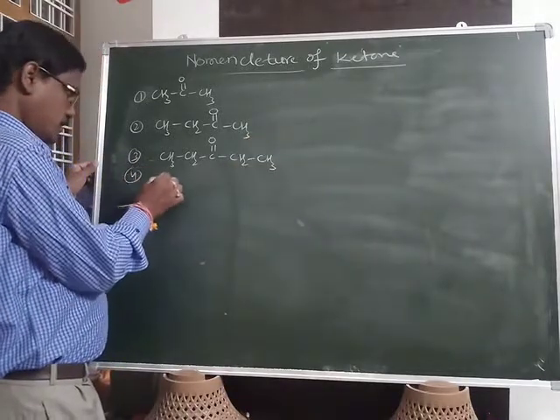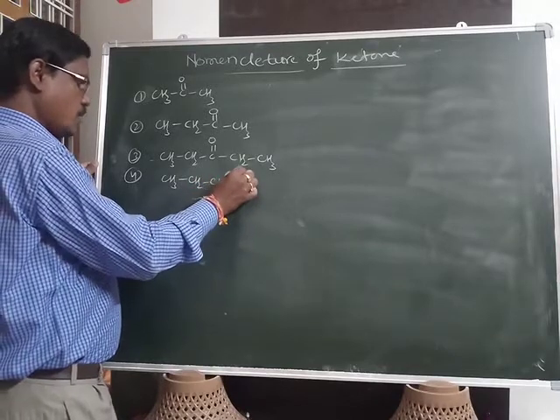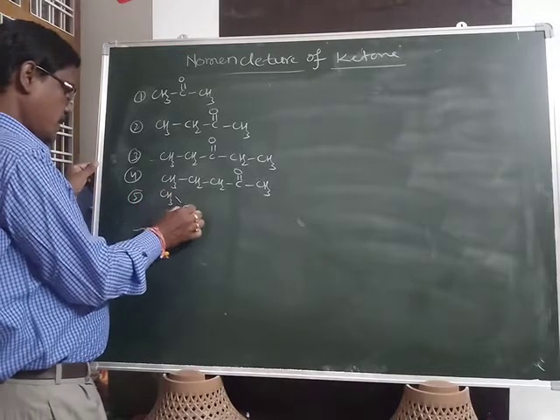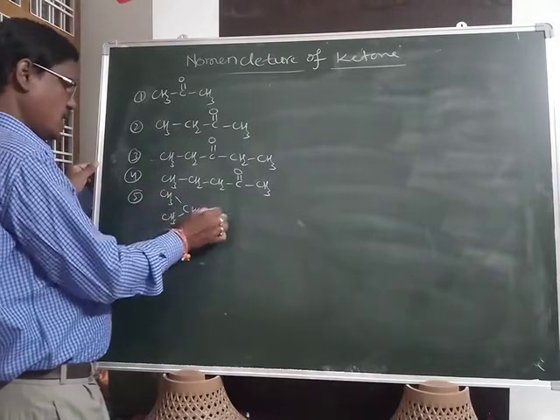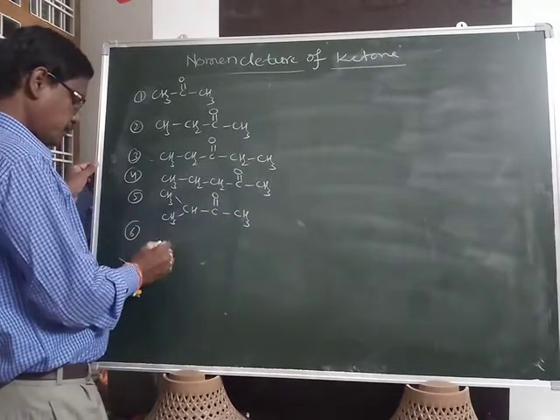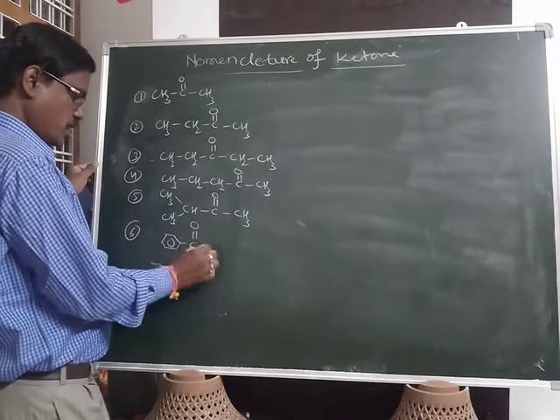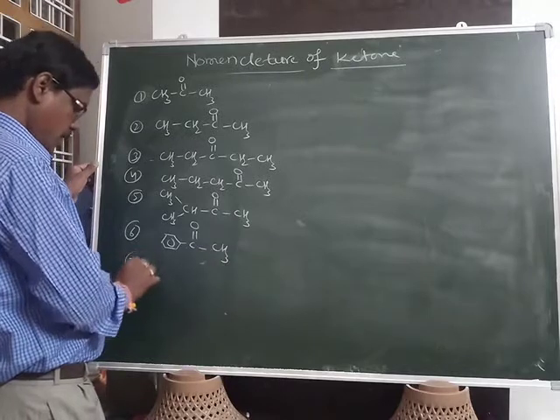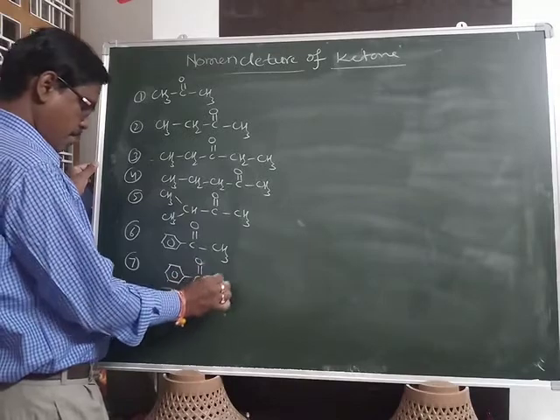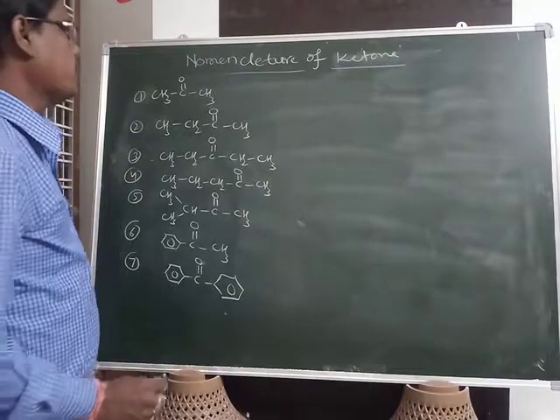Fourth: CH3, CH2, CH2, C double bond O, CH3. Fifth: CH3, CH3, C double bond O, CH3. Sixth is an aromatic ketone. Seventh one as well. These are some examples.